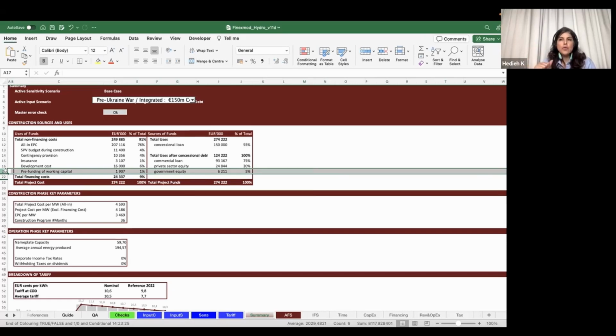It's common to use X months of operating expenses, sometimes including interest as well. Or you look at the difference between the revenues and the operating costs that you have. So there are different methods to calculate this pre-funding of working capital, but that's definitely a contingency that is required and is good to have in the construction budget.